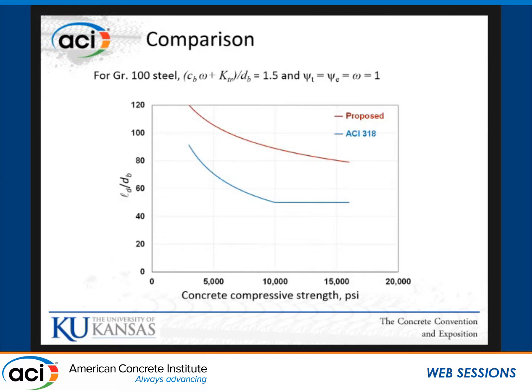The blue line represents ACI 318 and the red line represents the proposed equation. We see that ACI 318 predicts shorter development length, by 30 to 60%, and it gets worse. They are providing less than what's required, and it's getting worse with increasing concrete compressive strength. And that's because of the use of the square root of f'c.